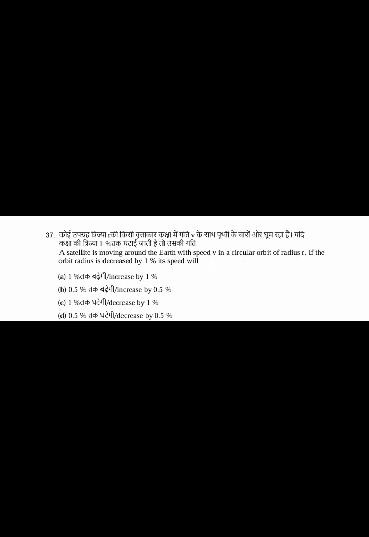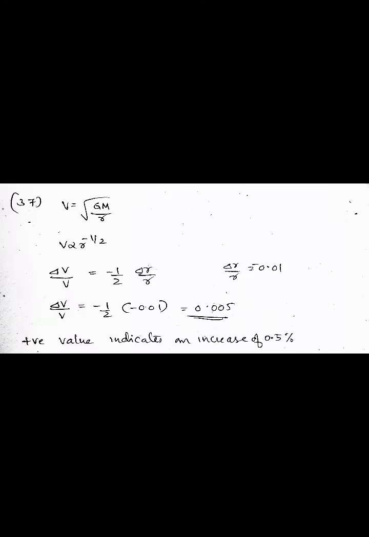The next question is, a satellite is moving around the earth with a speed v in a circular orbit of radius r. If the orbit radius is decreased by 1%, its speed will dash. We know v is equal to square root of GM by r, that is v is proportional to r raised to minus half.